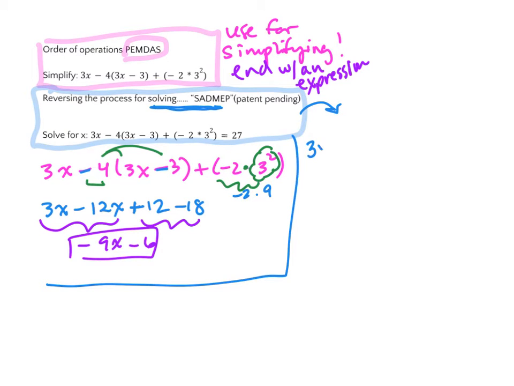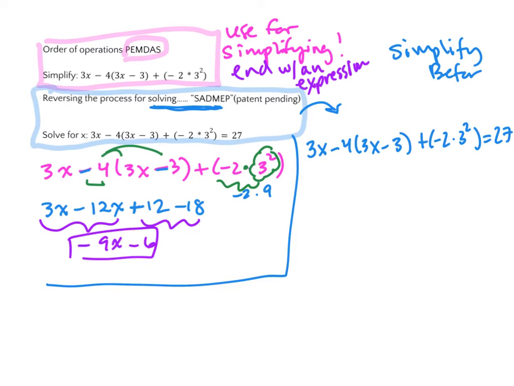It's the same expression, but now it's set equal to a number, so it's an equation. Everything is the same otherwise. Before I can start solving, I have to simplify. So I'm going to write: simplify before solving.